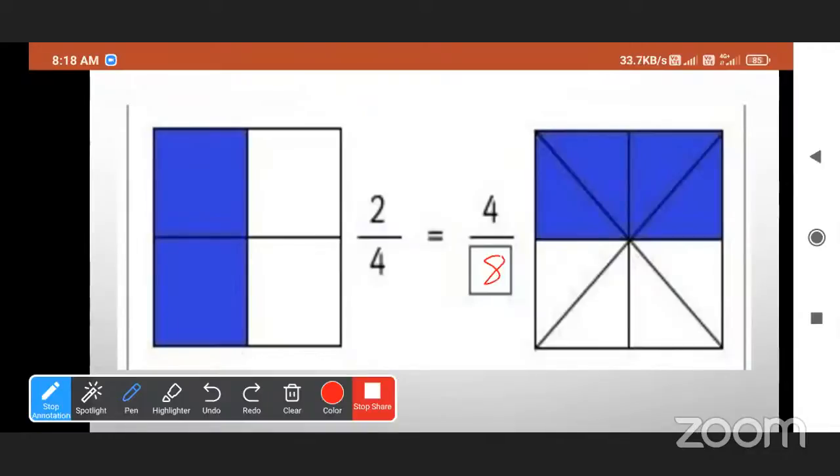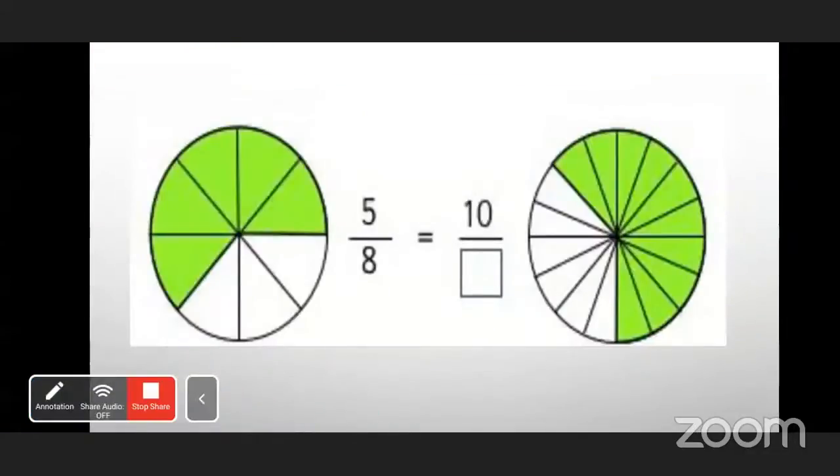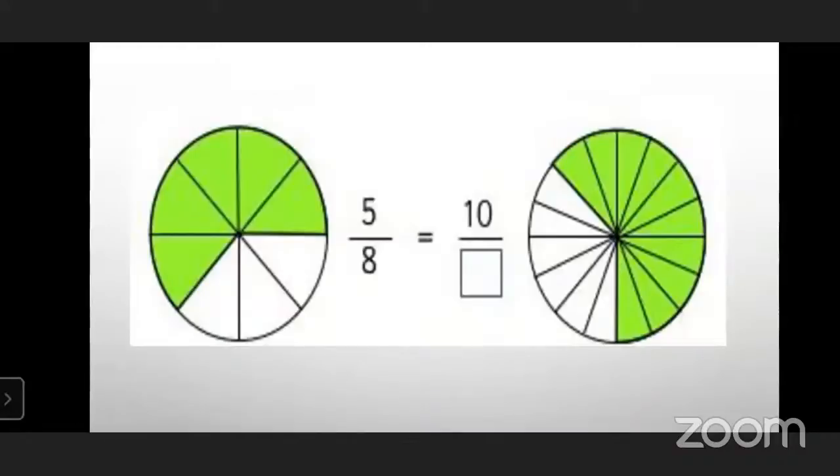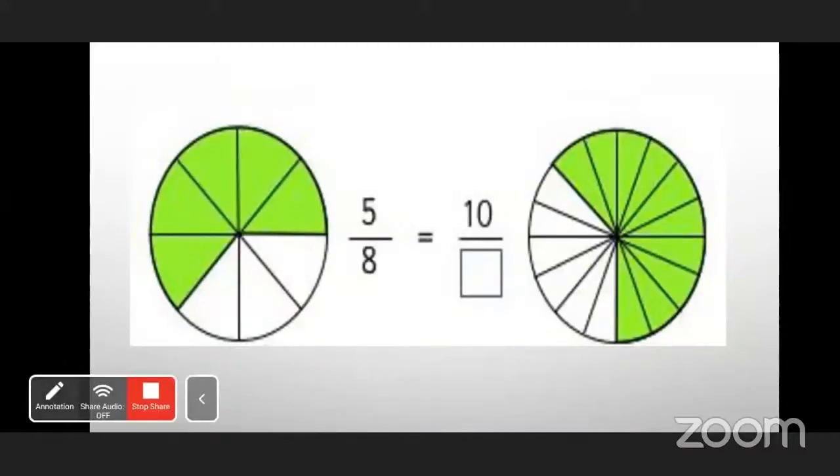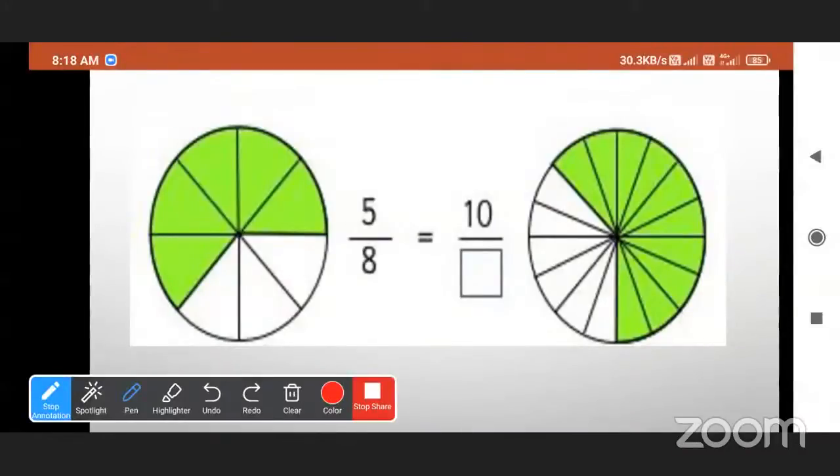Okay, good. Now here, 5 upon 8 is equal to 10 upon 16. Very good.